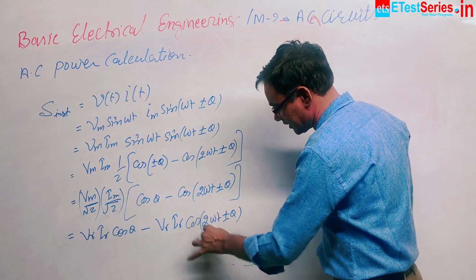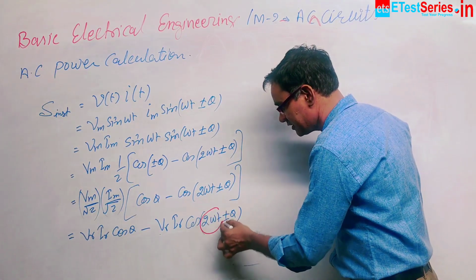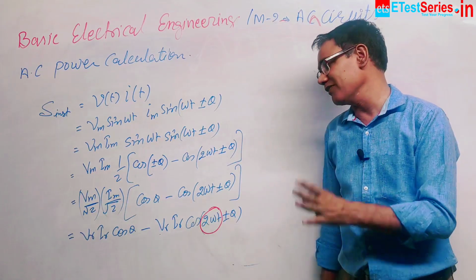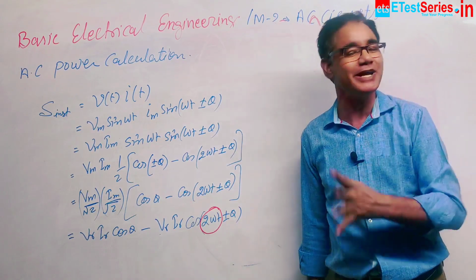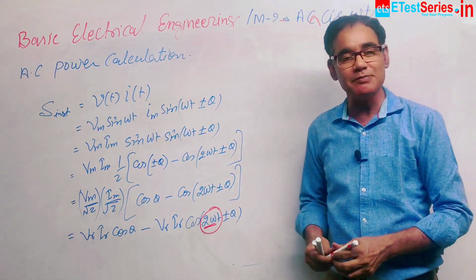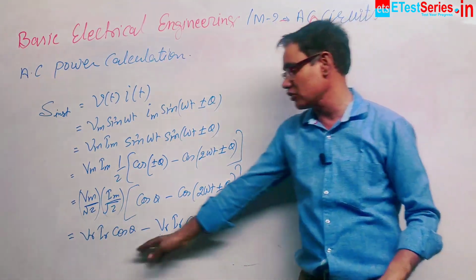Here you can see the frequency is twice the normal frequency of the voltage and current, that is omega t, and here the frequency is 2 omega t. So the instant power has twice the frequency, and one part is a constant component.